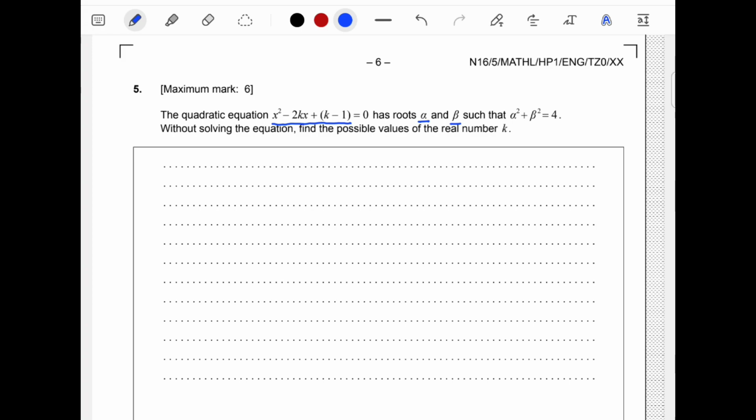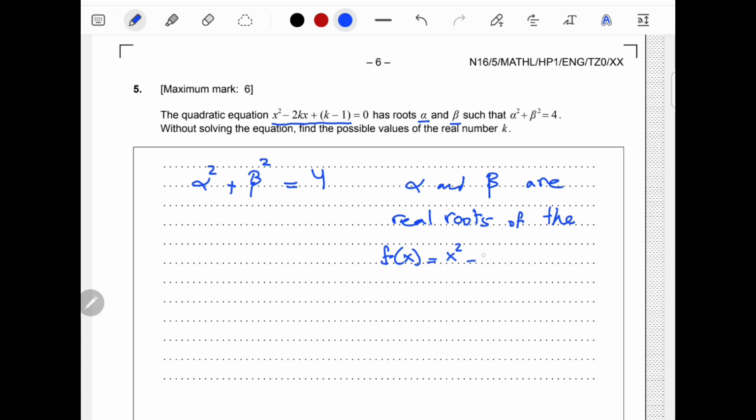So, in this case, we have that alpha squared plus beta squared equal to 4, where alpha and beta are the real roots of the quadratic equation given by x squared minus 2kx plus k minus 1.